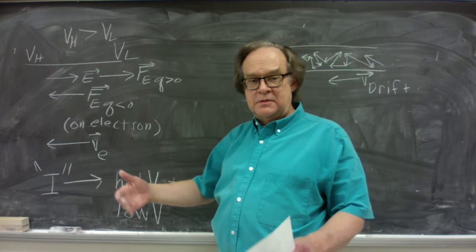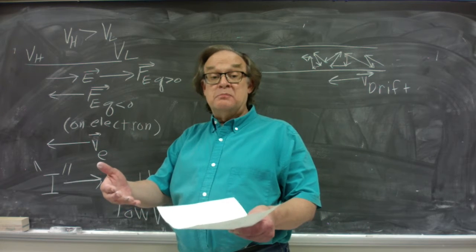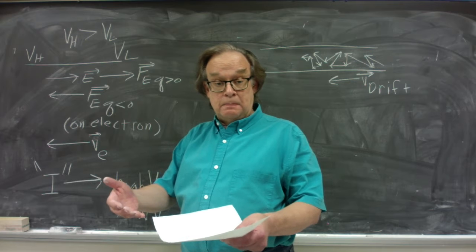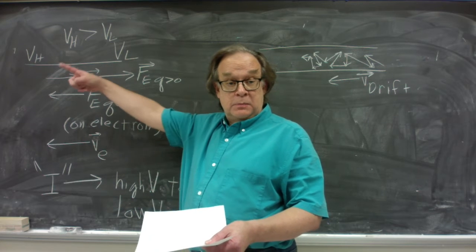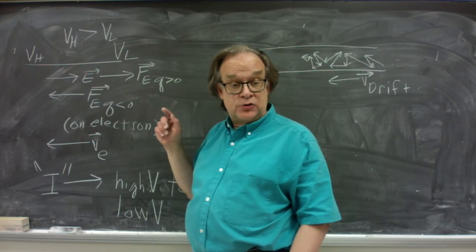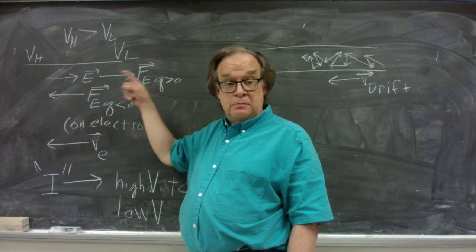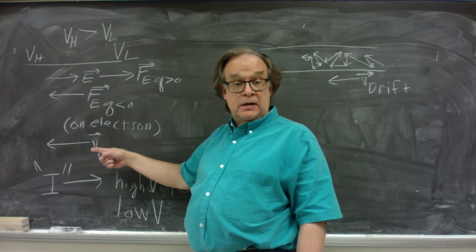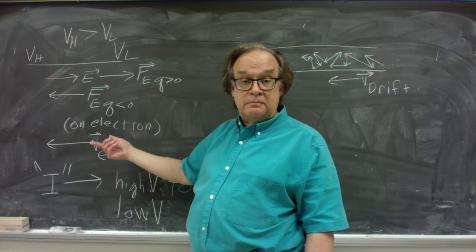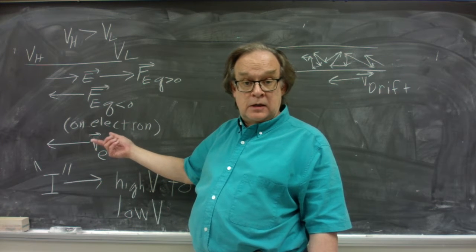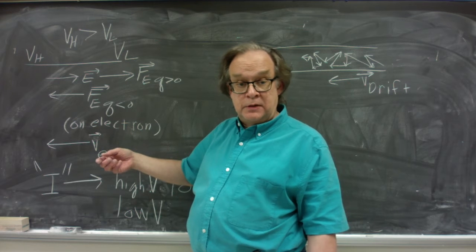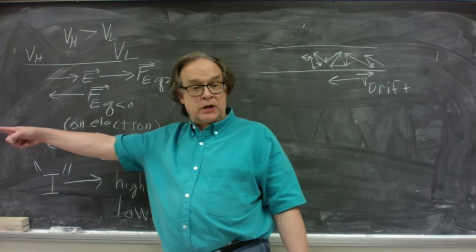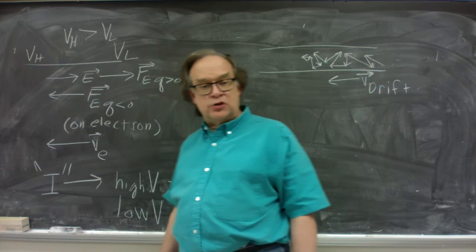Initially, electrons are just sitting there on their home atom. You turn on the potential difference, which turns on the electric field, which starts pushing the electrons this way. The electrons weren't moving when you first turned on the electric field, so they're getting pushed to the left. They'll start moving to the left.